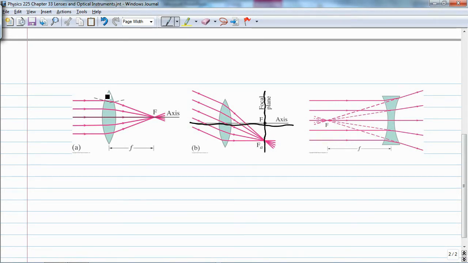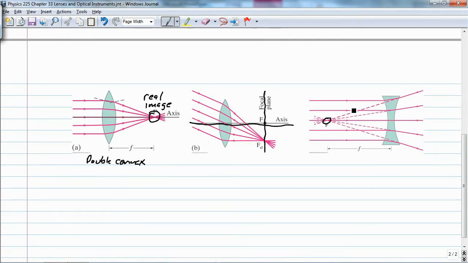Also, you can see that with the double convex, the focal point and the point where everything merges is on the other side of the lens. This would make this a real image. But with the double concave, notice that the focal point is on the back side, the side that the incoming rays from the object are going.